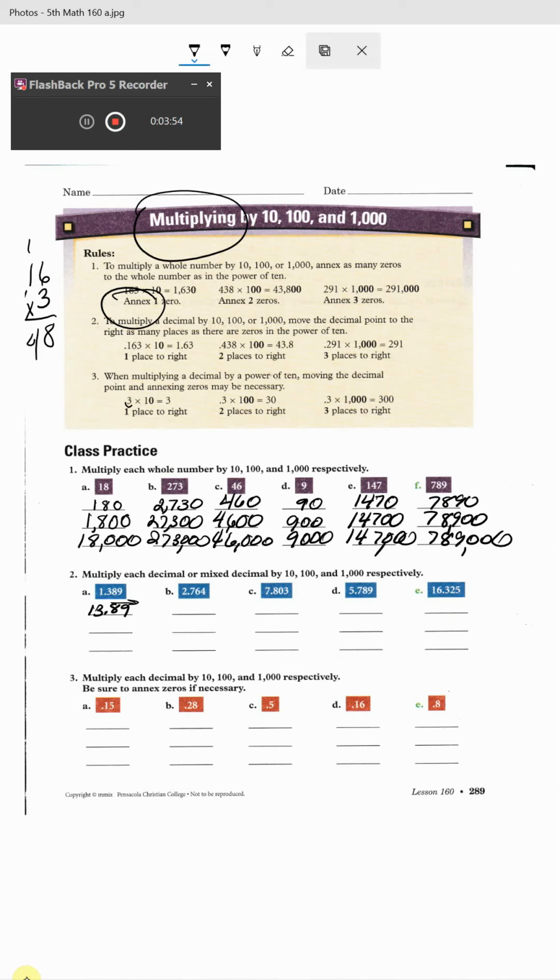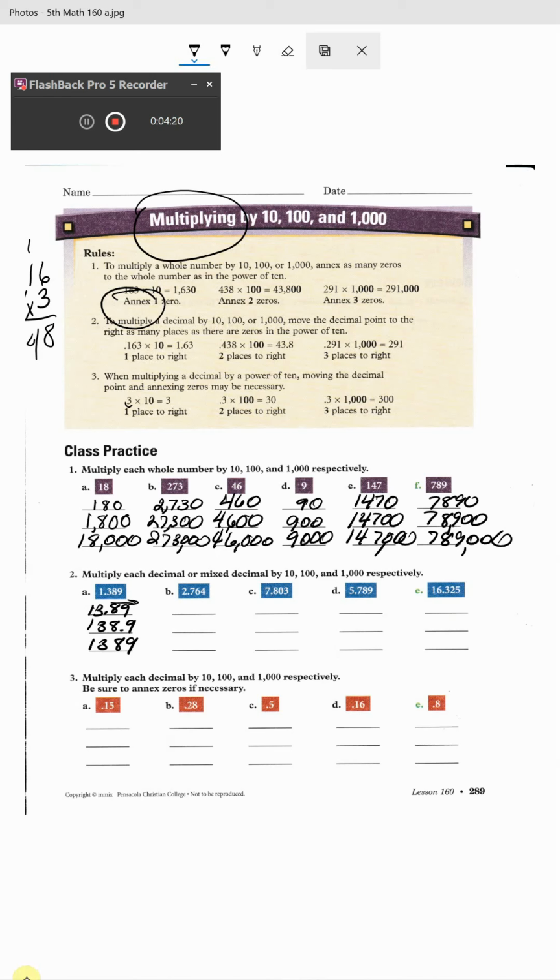When you multiply by 100, you move it 2 places. And you multiply by 1,000, you move it 4 places, which makes it a whole number at that point, and you don't have to put the decimal. 3 places. I say 4 places, then 3 places. Okay? All right, let's try this one.